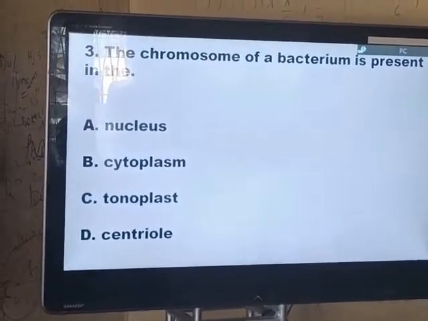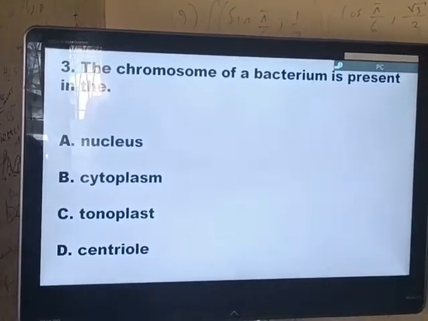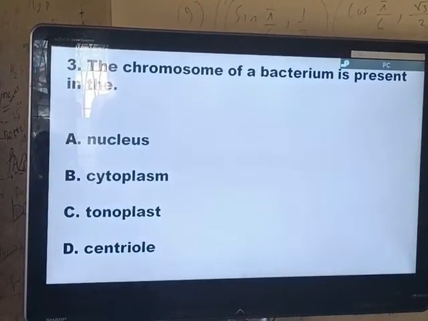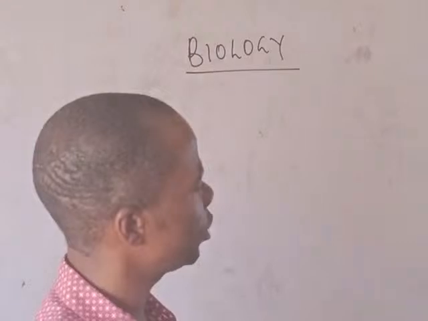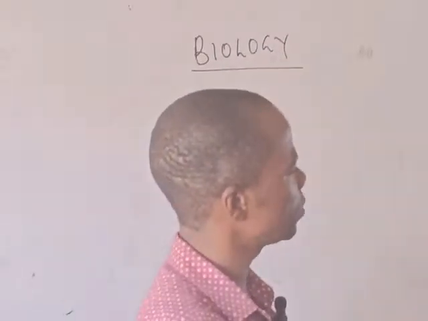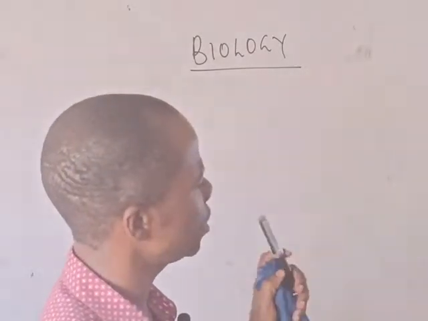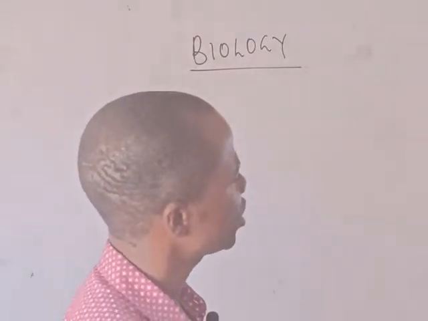We know that chromosome is that thread-like or rod-like structure that carries the gene. And by the way, the exact location of a gene on a chromosome is called the locus. So the chromosome of a bacterium is present in the dash: A, nucleus; B, cytoplasm; C, tonoplasm; and D, centriole.